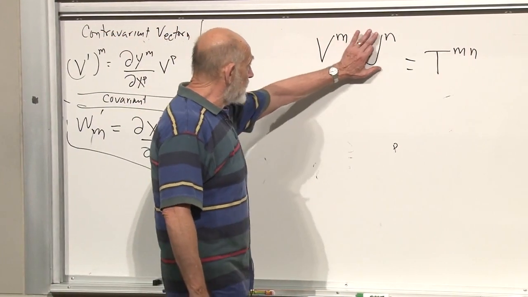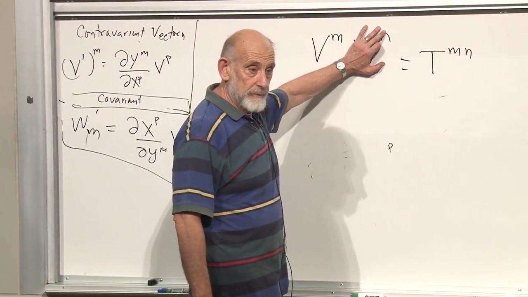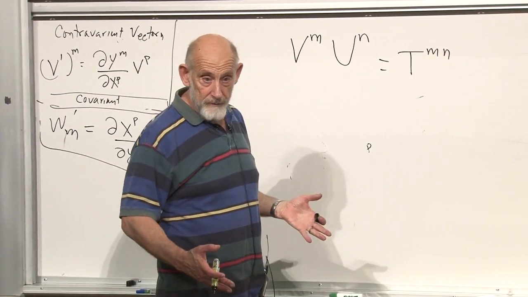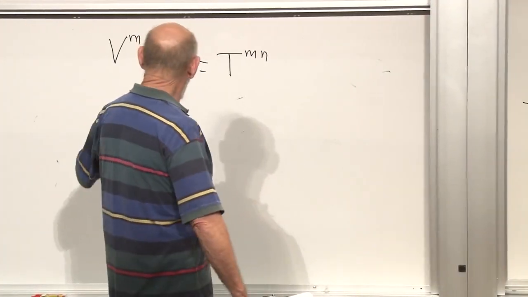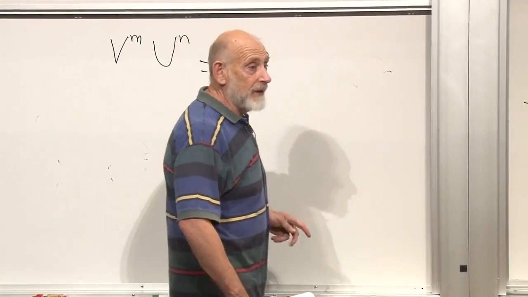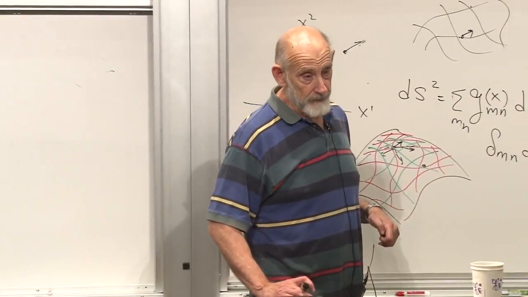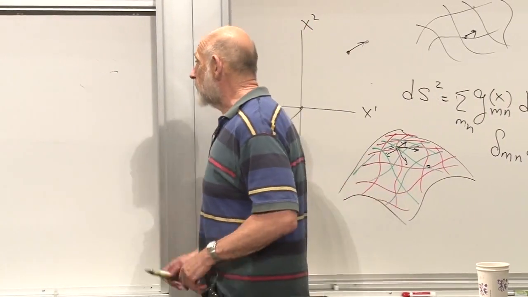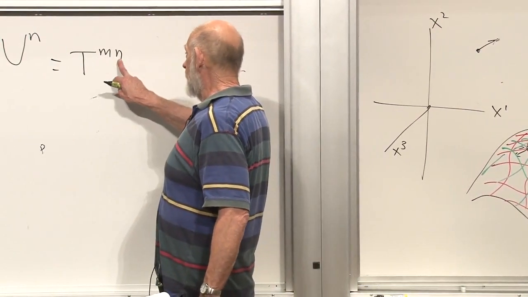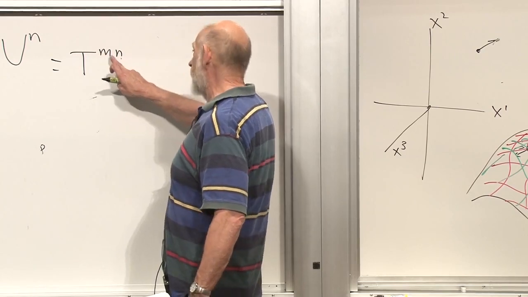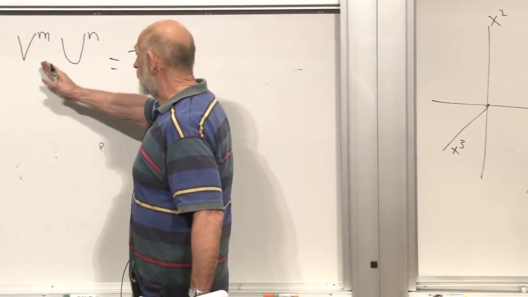How many components does V^M have? 3. Right. How many components does U^N have? 3. How many components does T^MN have? 9. Right. Notice it matters whether you put it MN or NM. They're different things.